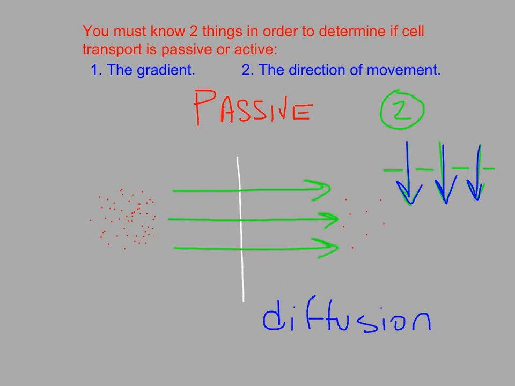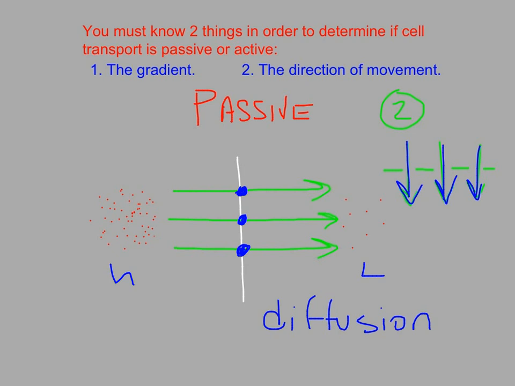And finally, the second type of passive transport is something called facilitated diffusion. And if you remember during lecture and in class, facilitated simply means helped. So it's still passive, so it's going from high concentration to low concentration. But along the cell membrane, there's proteins that help move those particles down the gradient even faster.